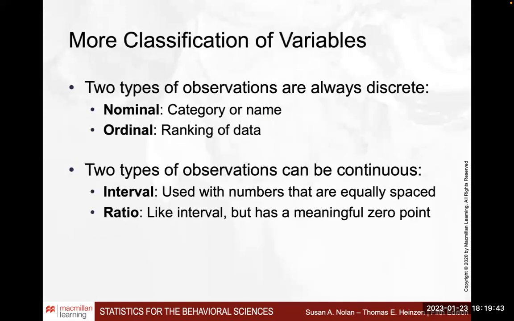When you think of nominal data, you basically think of a category within which you categorize each individual that you have collected data from. If you have ordinal data, you have a ranking of data. So what could be a category, for example? It could be biological sex, race, ethnicity, religious affiliation, married, non-married, you name it.